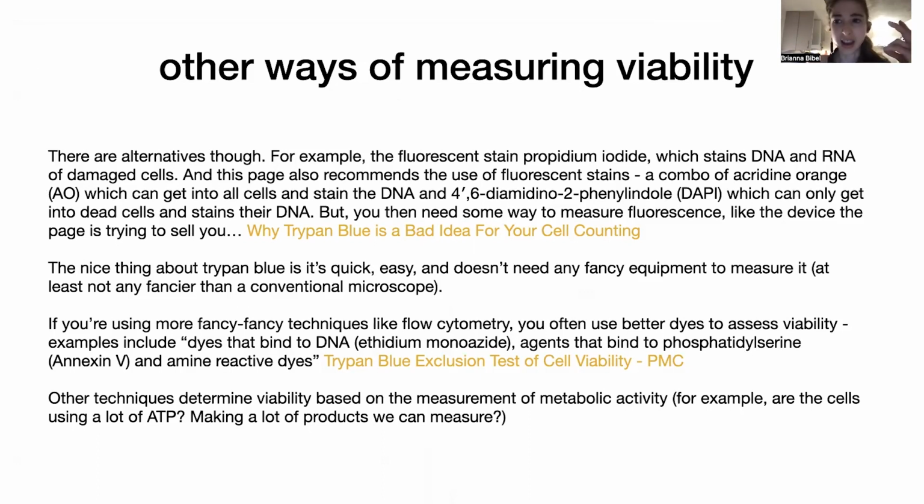Or they have some commercial things that you could use in the TC room. But again, the trypan blue is normally plenty good. So other things I'll just link to in the text.